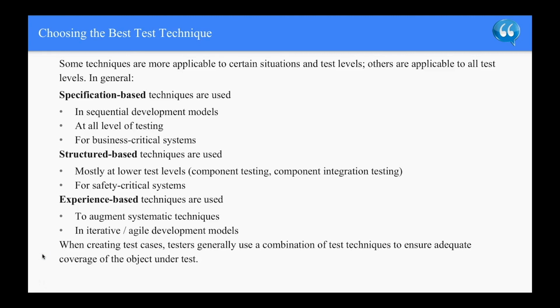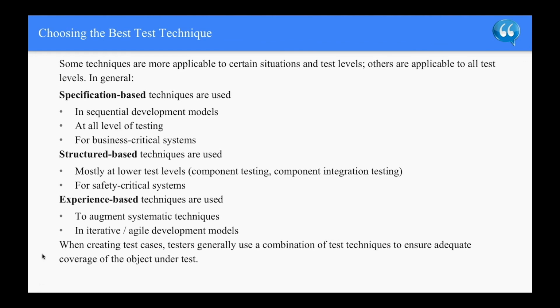Choosing the best test technique. Some techniques are more applicable to certain situations and test levels. Others are applicable to all test levels in general. Specification-based techniques are used in sequential development models at all levels of testing for business critical systems.